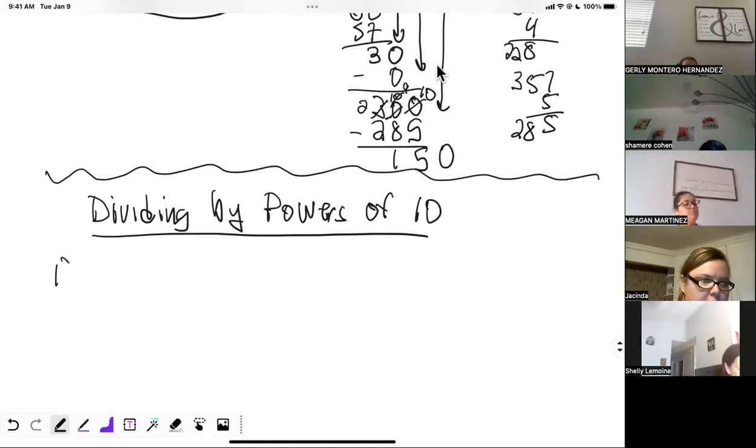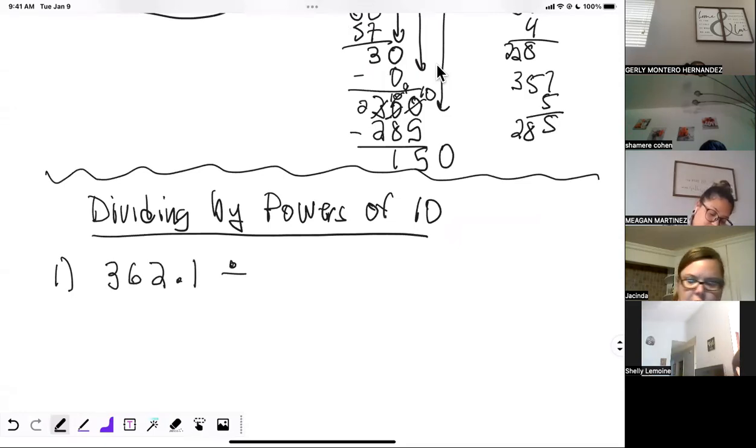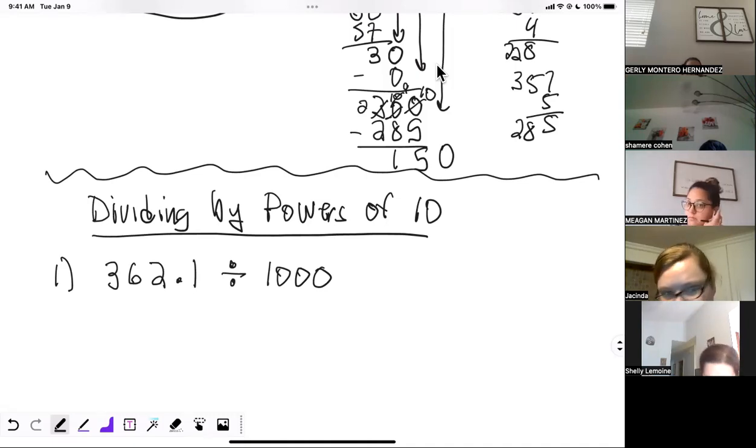So if I have 362.1 divided by 1000. Now this time we're not multiplying, we are dividing by 1000. Dividing by 1000 is going to make that number smaller, not bigger. I know when we multiply, it becomes bigger. Dividing is opposite. It's going to make this smaller.